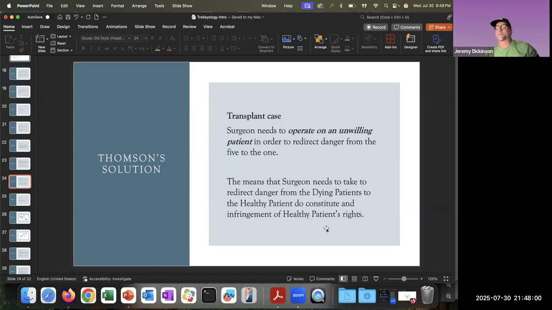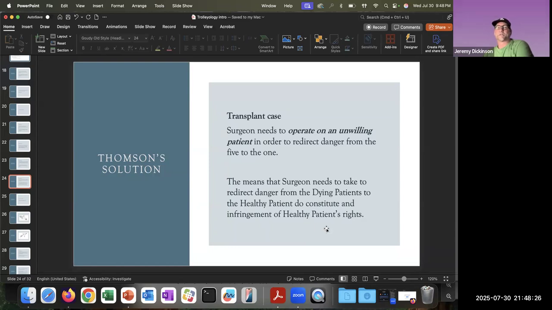And the transplant case, we've already suggested how the means taken would itself constitute a rights violation. Well, the surgeon would need to operate on an unwilling patient. Okay. Operate on an unwilling patient, yeah, in dramatic fashion as well.